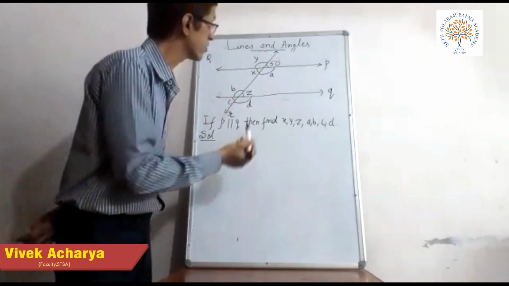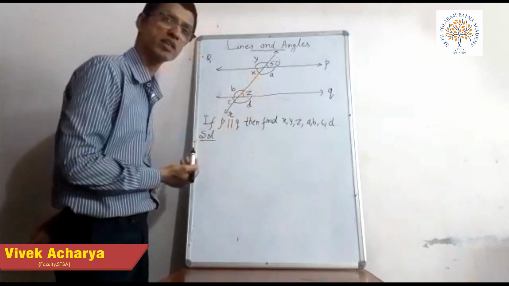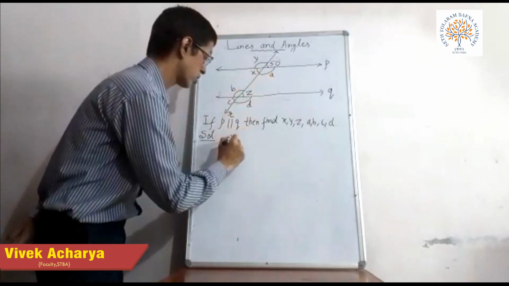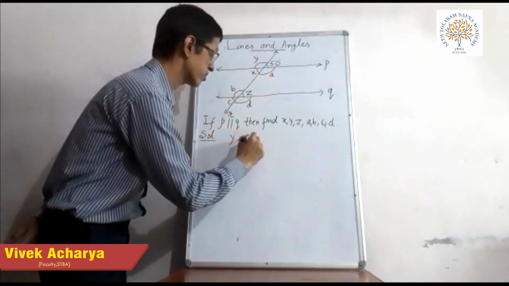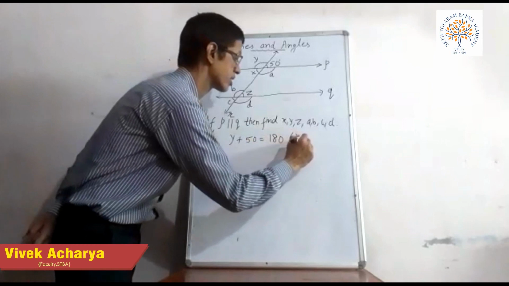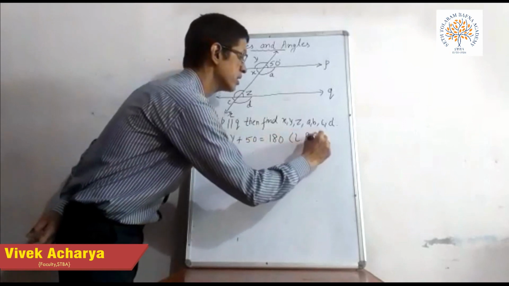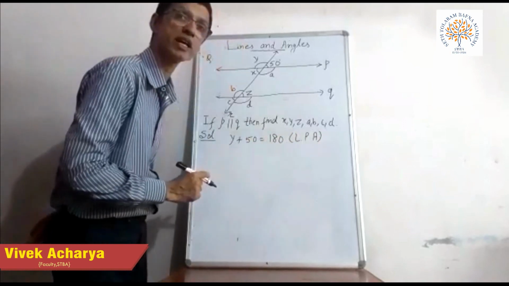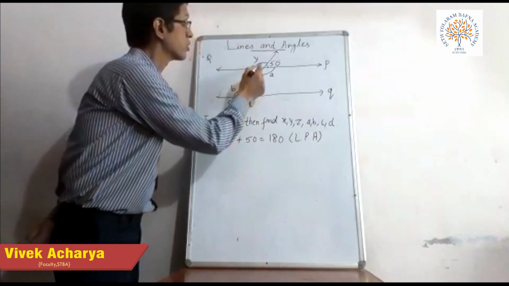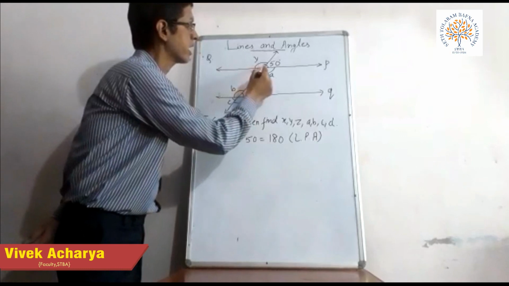First of all, we will find angle Y. As you can see, Y plus 50 is equal to 180 degrees. Children, they are linear pair angles, LPA. You can see Y and 50.